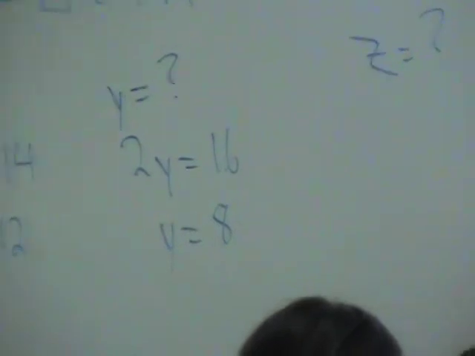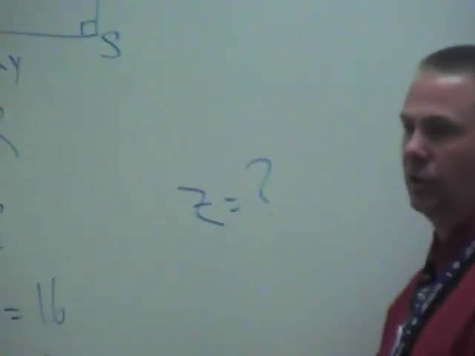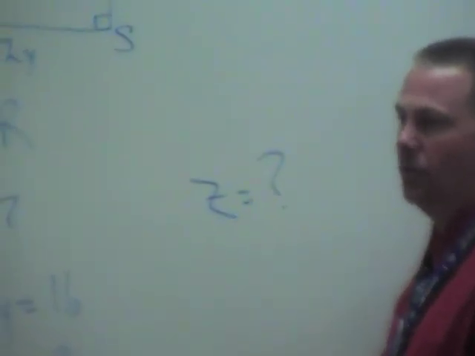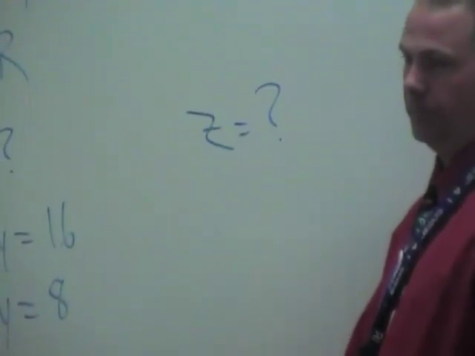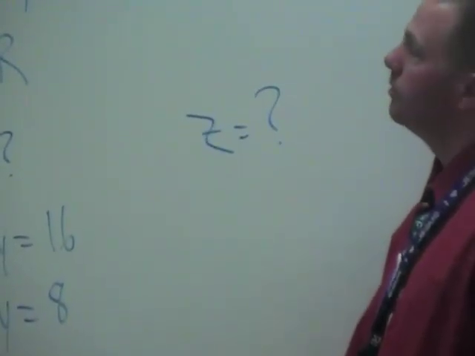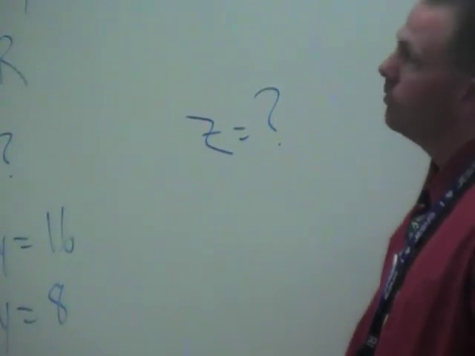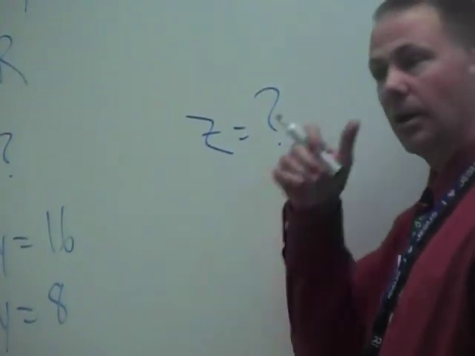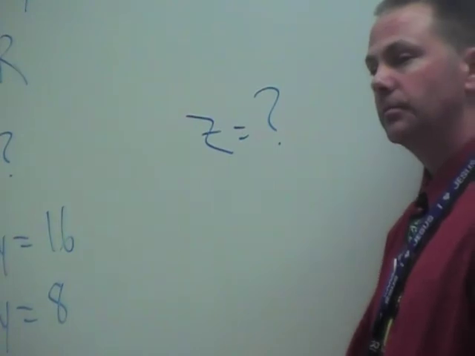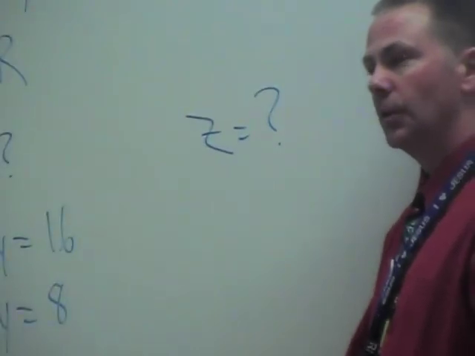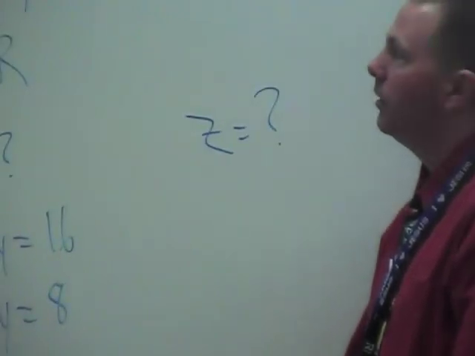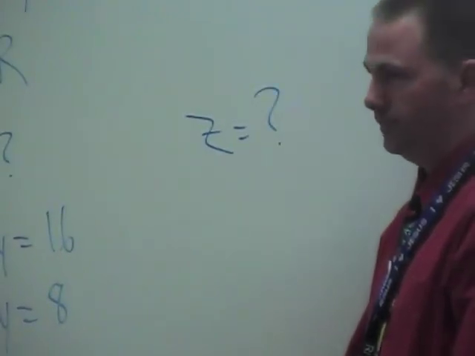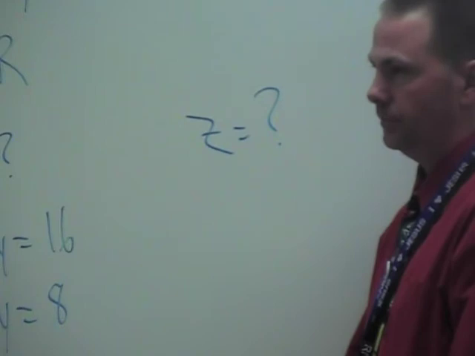Now, z. Just got done doing a whole lot of angles, degrees, and triangles. What do you know about degrees and triangles? All the degrees in the ABC triangle would equal 180 degrees.